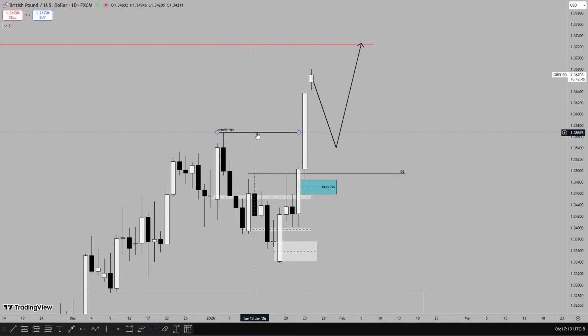But sometimes it leads to consolidation. But take note of that if the JPY is strong and the dollar is weak, those are the times you see alignment in the four currencies, which is the dollar index, Euro USD, GBP USD, and USD JPY.